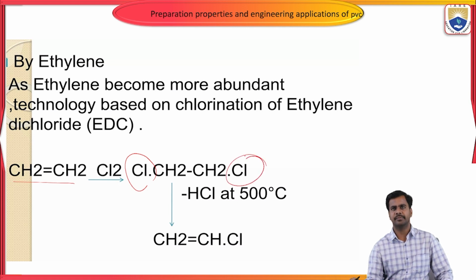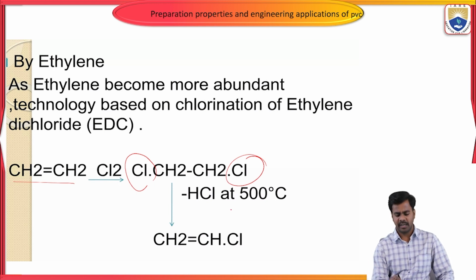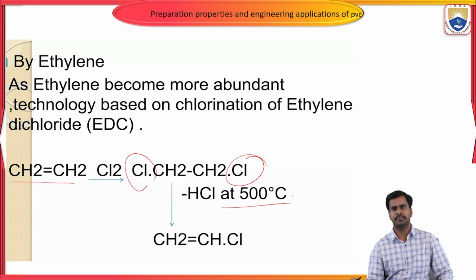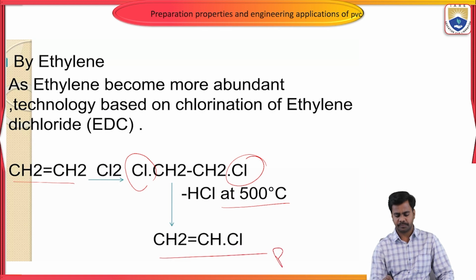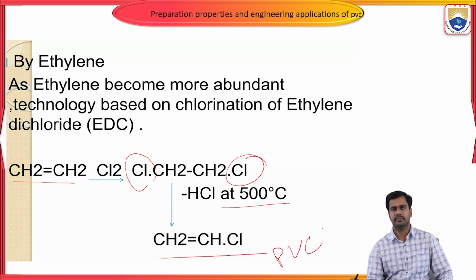That dichloroethane is heated up to 500 degrees centigrade and forms vinyl chloride, which gives PVC. So this is the second method of preparation of polyvinyl chloride.